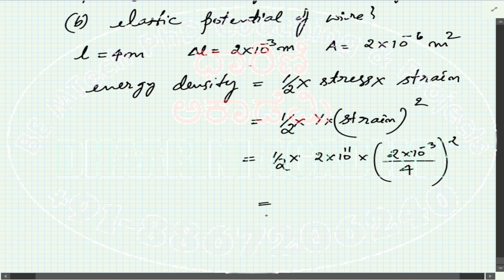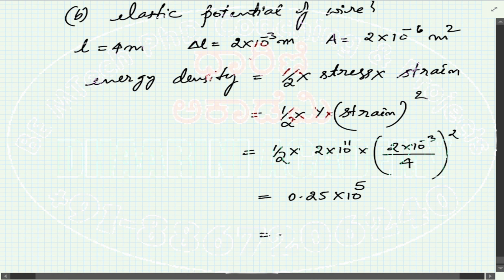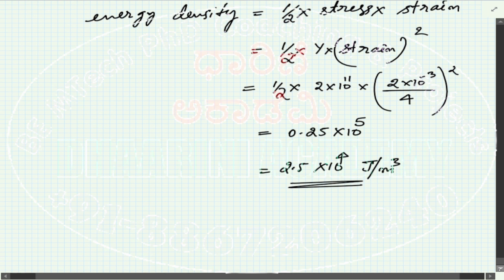Okay, so now the answer is 0.25 into 10 to the power 5, right? In order to convert this into a standard value, we can write this as 2.5 into 10 to the power 4. This is energy density, so joules per meter cube is the unit.